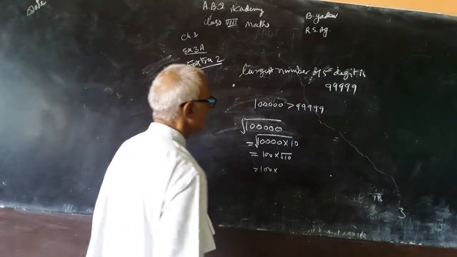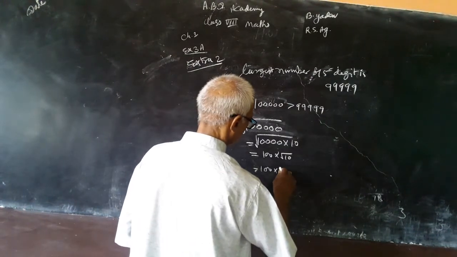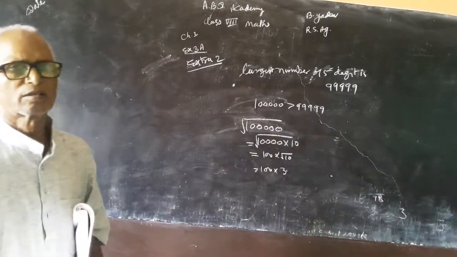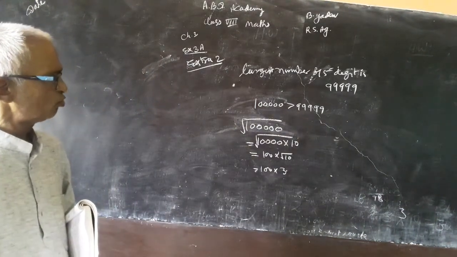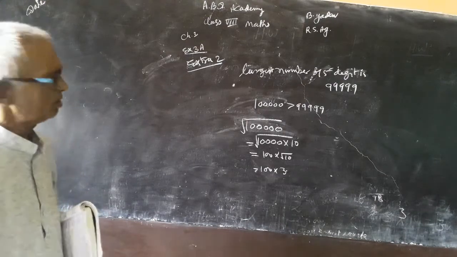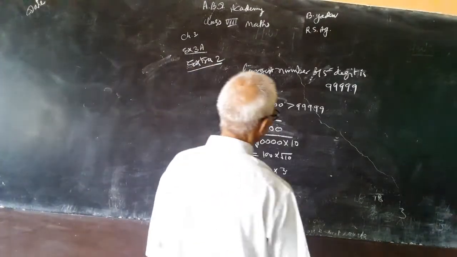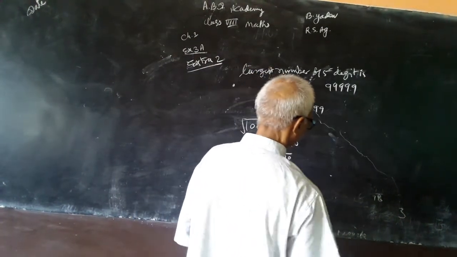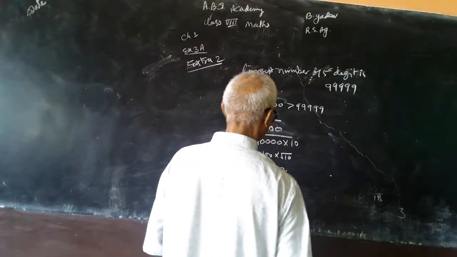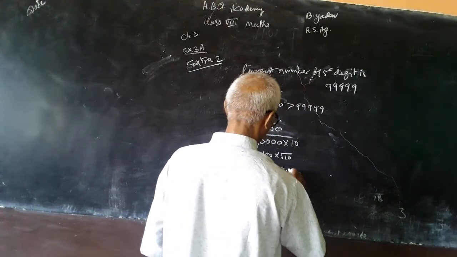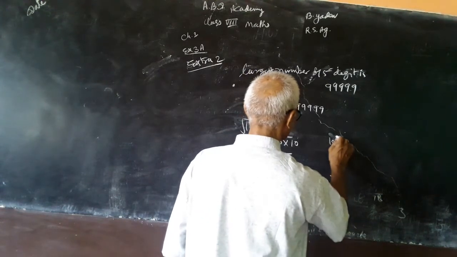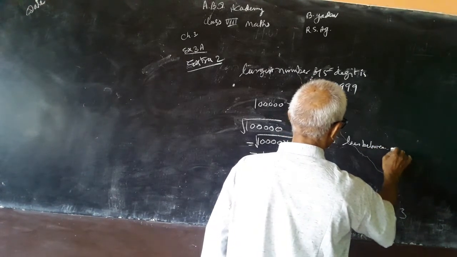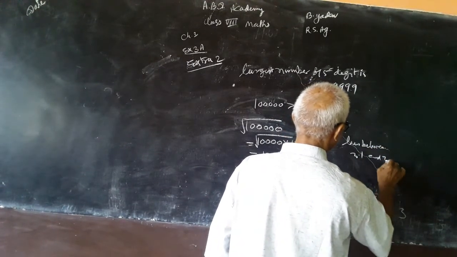100 into square root of 10 is 3 point something, because 3 into 3 is 9, but 3.1 is some greater than 9, and 3.2, so the square root of 10 lies between 3.1 and 3.2.